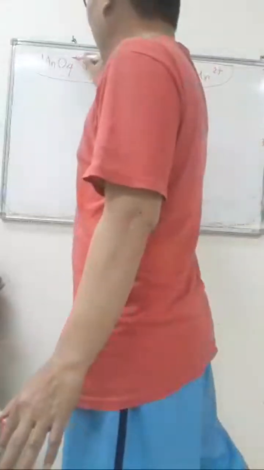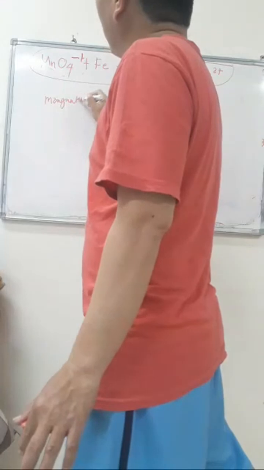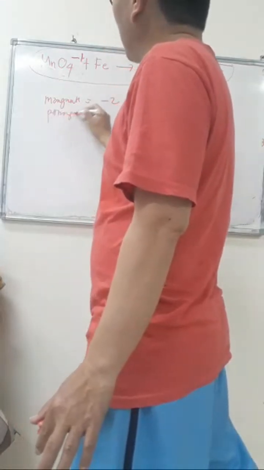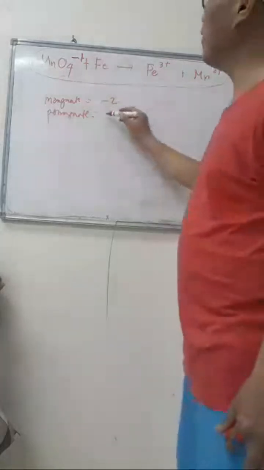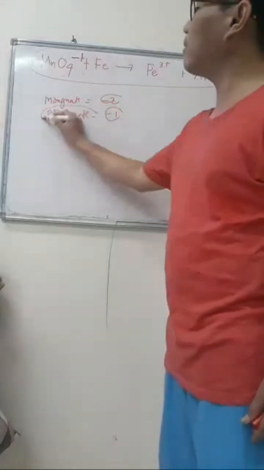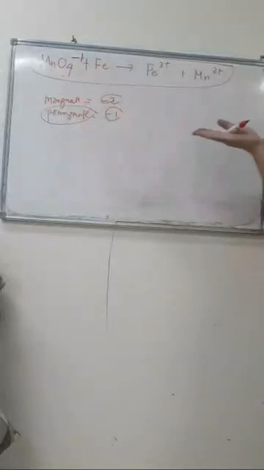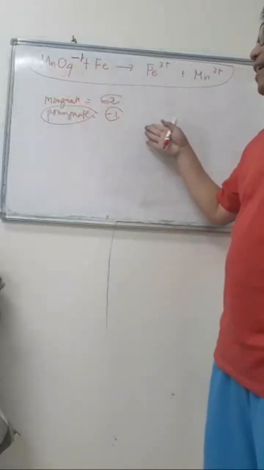Manganate is -2, and permanganate is -1, and -1 is larger than -2. You add the prefix to permanganate. Supposedly, manganate could have -1 because it's higher since there's no prefix.